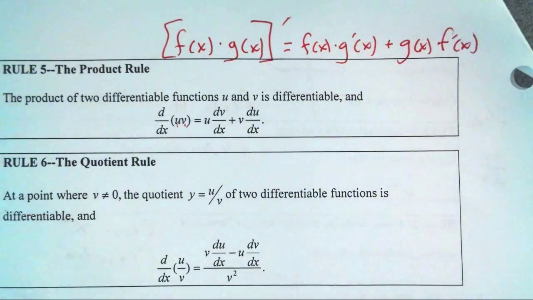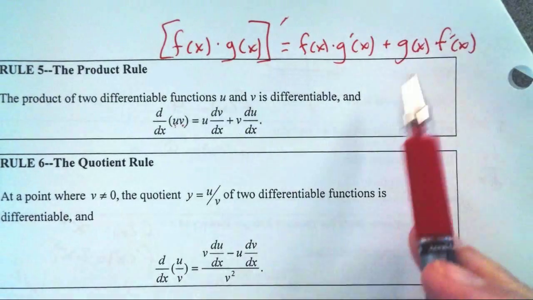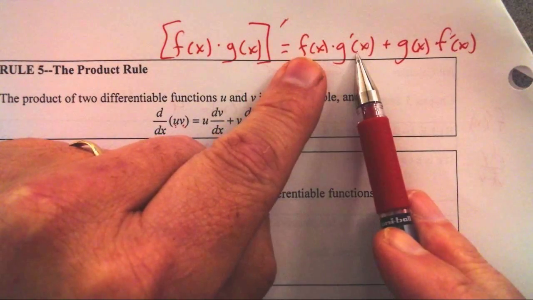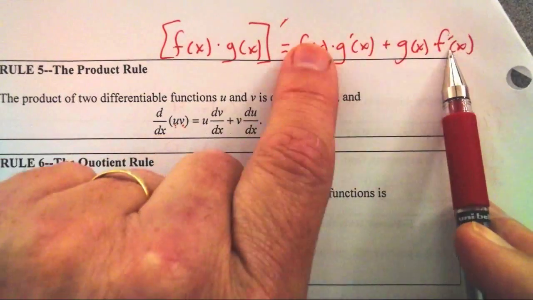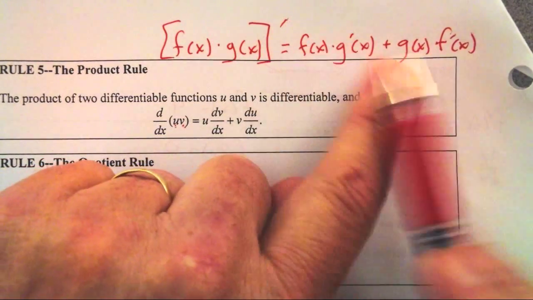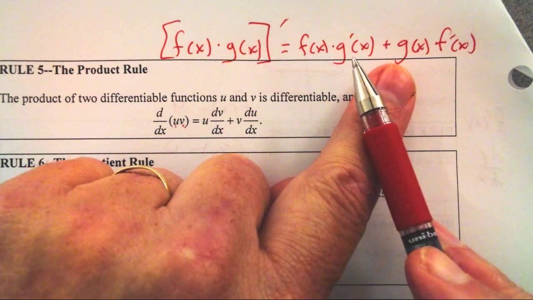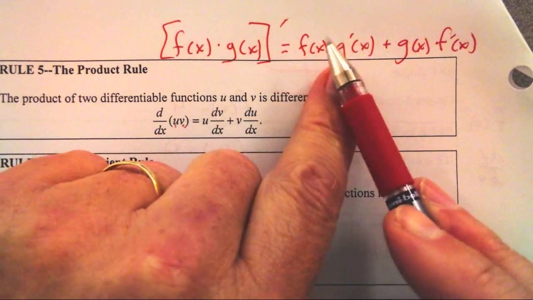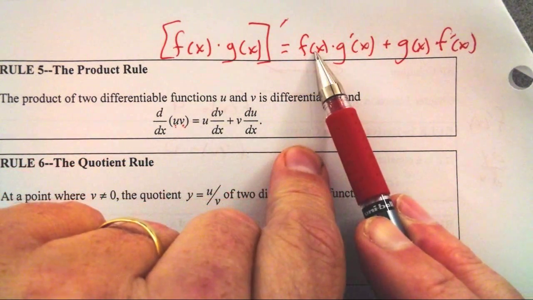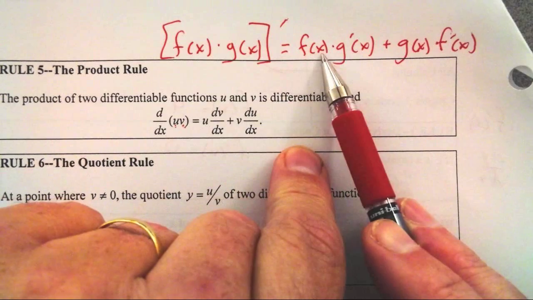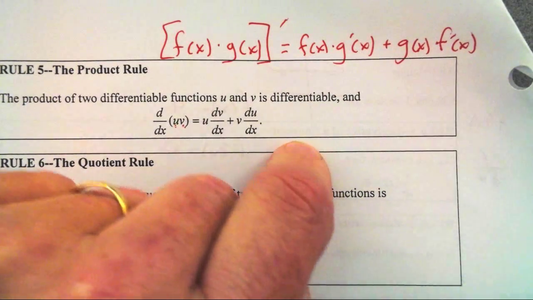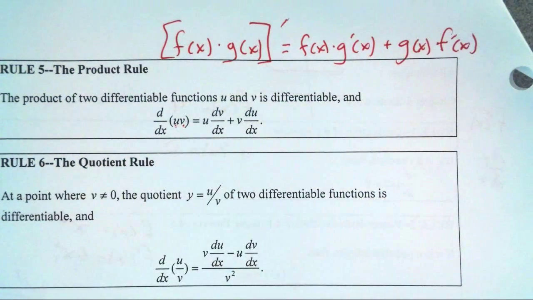Now, just to clarify here, does it matter whether I do this first or this first? Can I switch those? Is a plus b equal to b plus a? Yes. In fact, could I switch these? Could I go g prime of x times f instead of f times g prime? I'm only saying that because my habit is this.